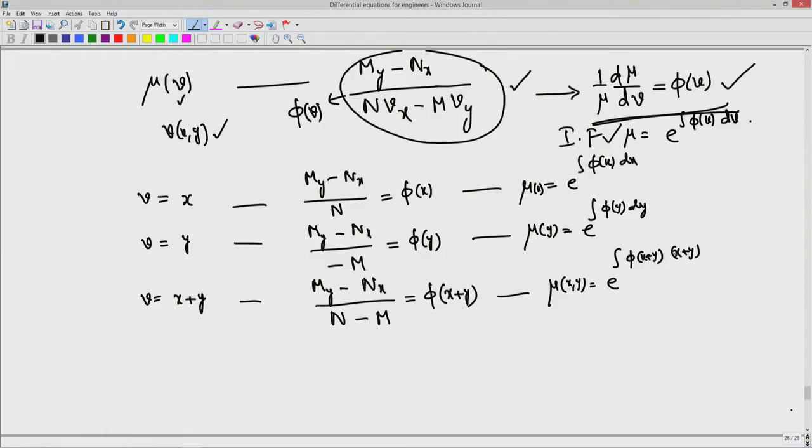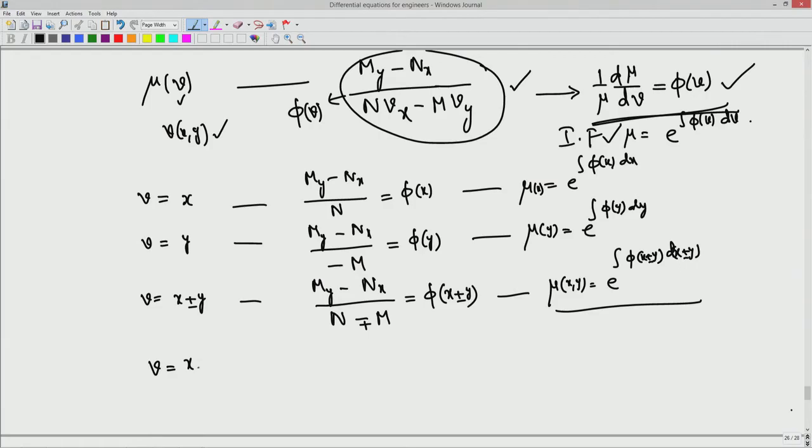So this is like d of x plus y. If it is like this, only then can I integrate. So this is my integrating factor as a function of x y. Like this you can go on. I will give you one more: if I take x minus y, this will become plus or minus.